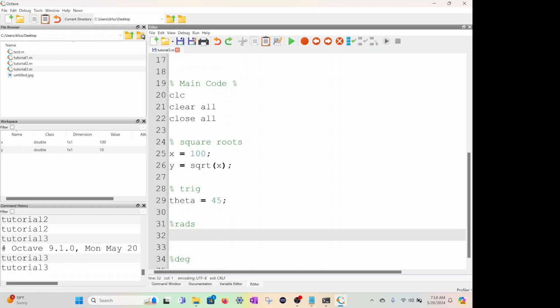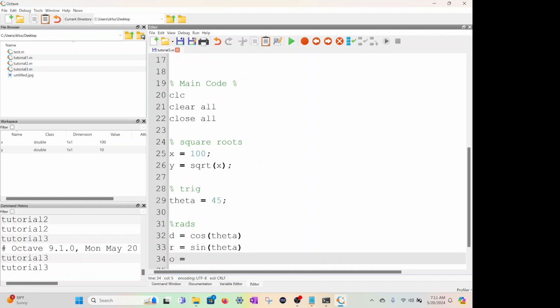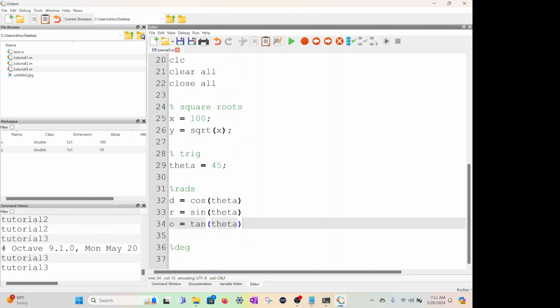So let's just call variables d equals cos of theta. That gives you the cosine of 45 in radians. R equals sine of theta. That gives you the angle in radians for sine. And then tan of theta.